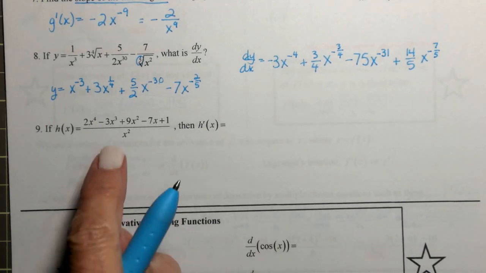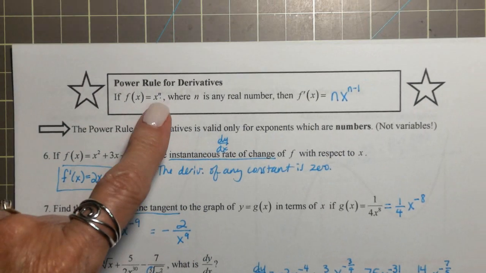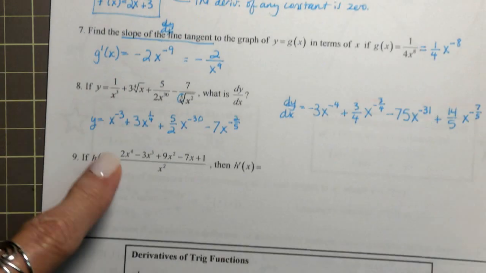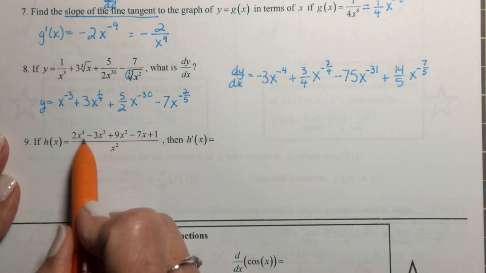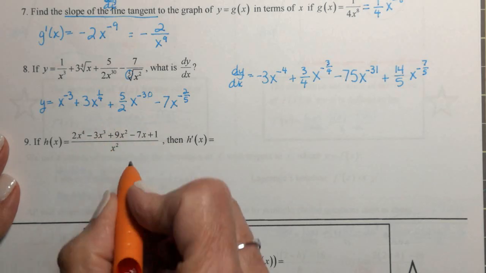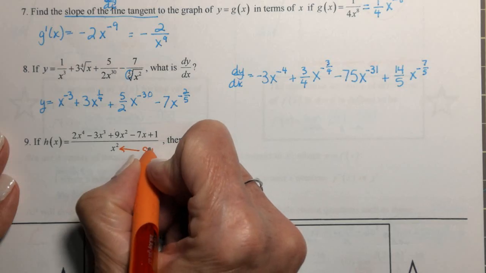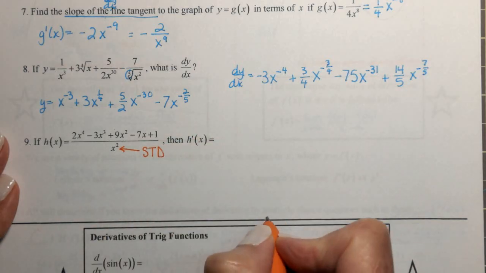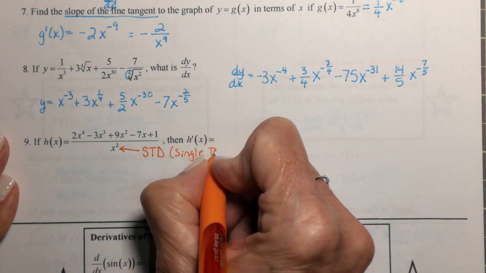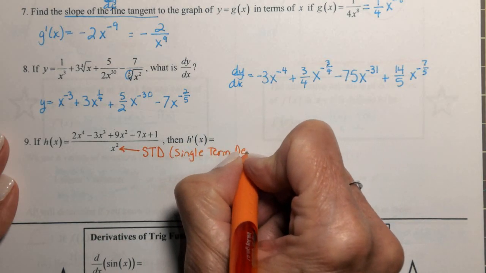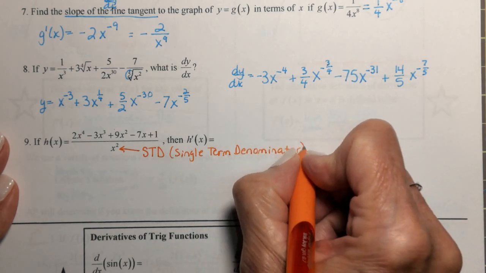Number 9. Okay, we have another messy h. This definitely is not in this form. So we must get it in that form. Okay, when you see an equation like this, when you see a single term denominator, STD, single term denominator, I want you to immediately get rid of it.